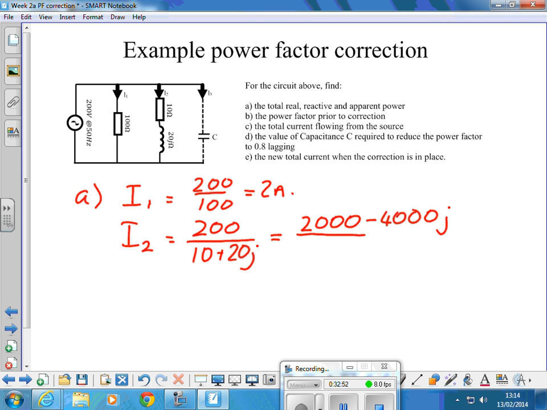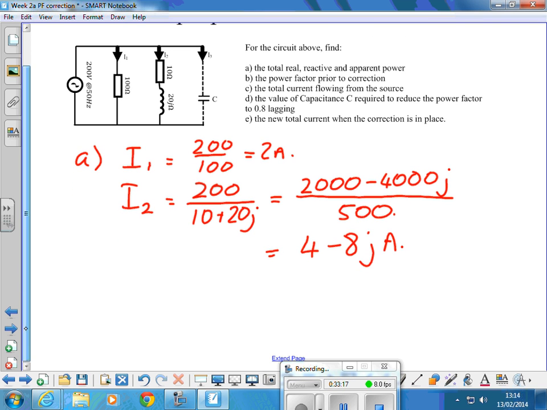Yeah, that's just a complex number now. Alright. And the bottom here is, yep.